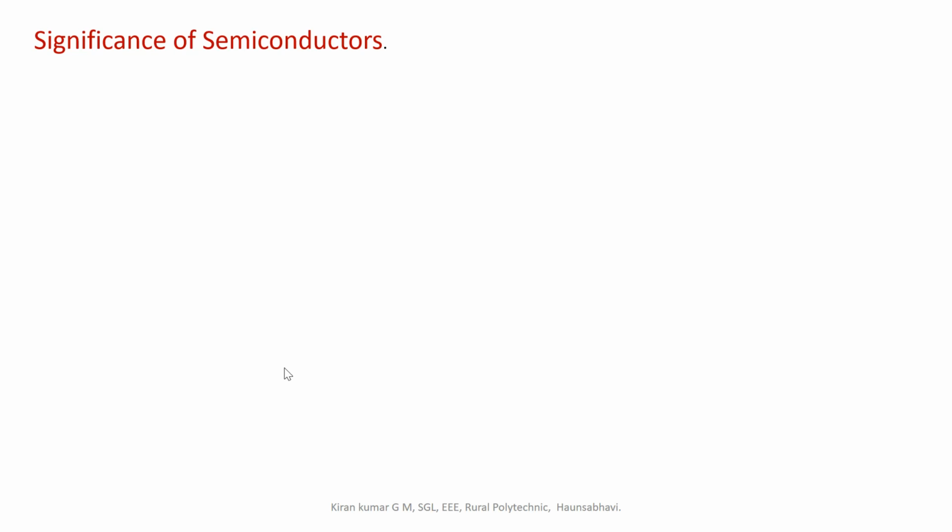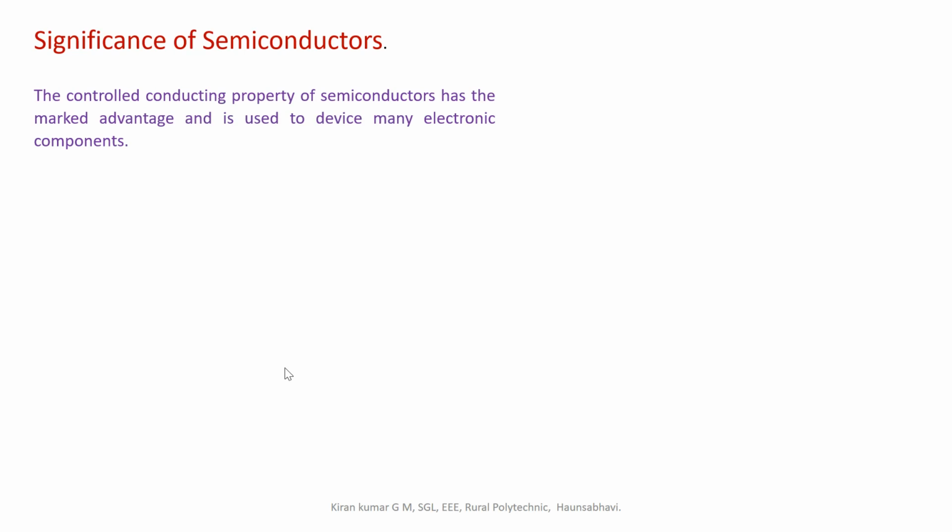Then coming to the significance of these semiconductors. Why do we need to study the properties of semiconductors? Why is it so important? Yes, it is very important because the controlled conducting property of the semiconductor has a marked advantage and is used to devise many electronic components.